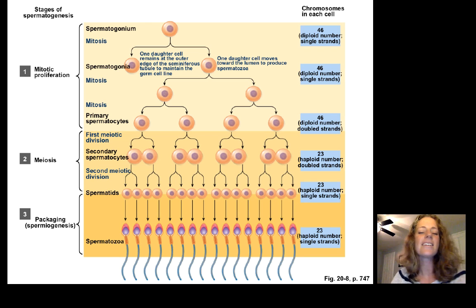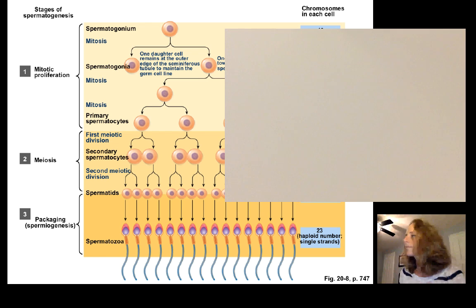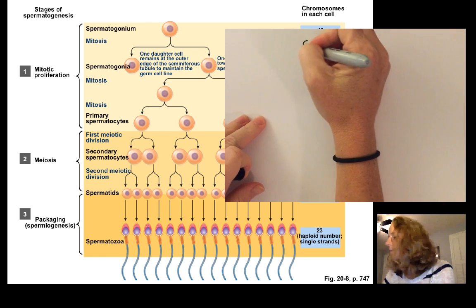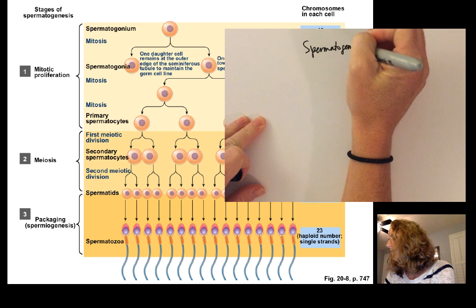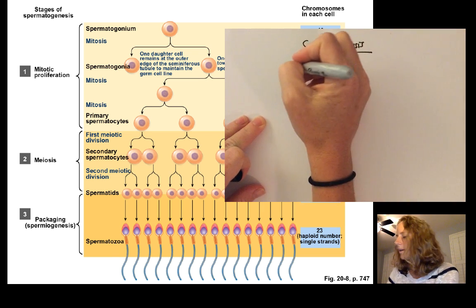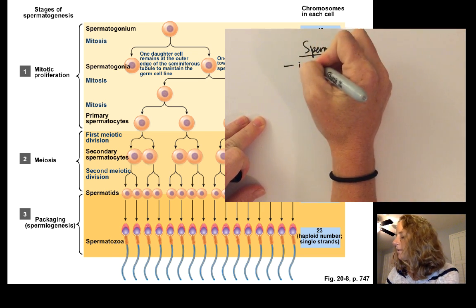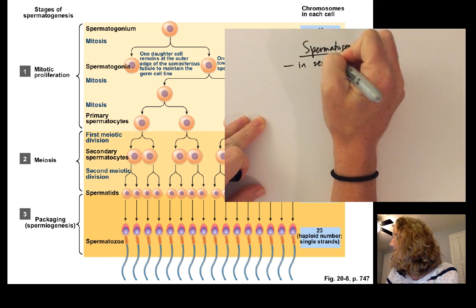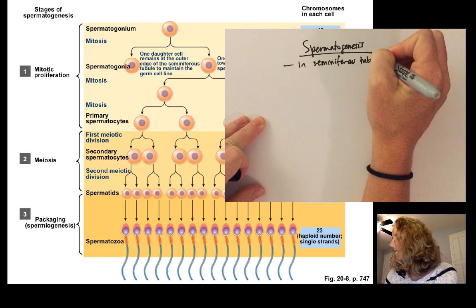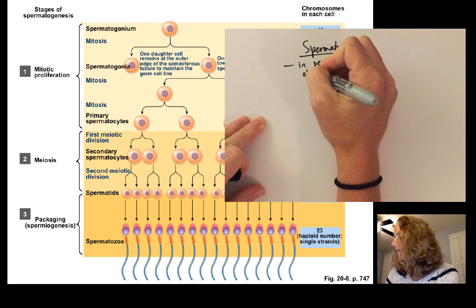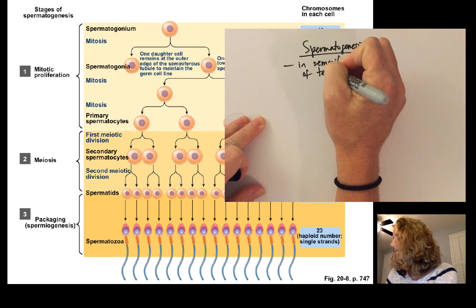So here is the process of spermatogenesis as your book diagrams it, but let's draw it out for ourselves. Okay, so spermatogenesis is going to be in seminiferous tubules of the testes.